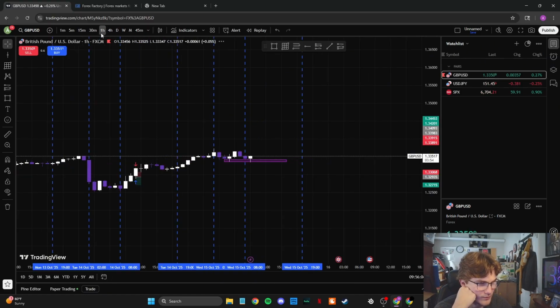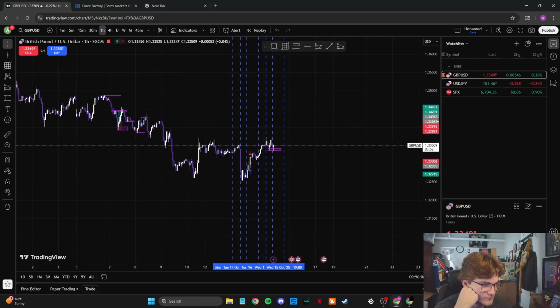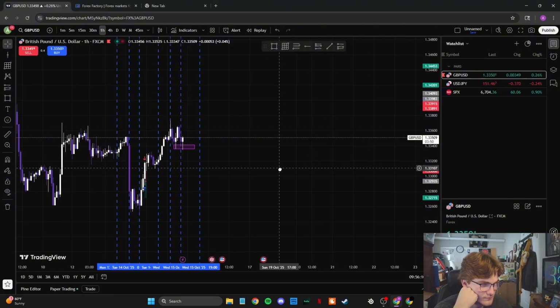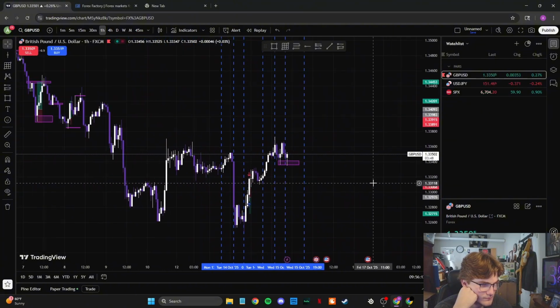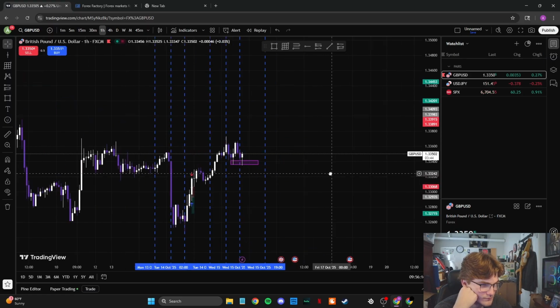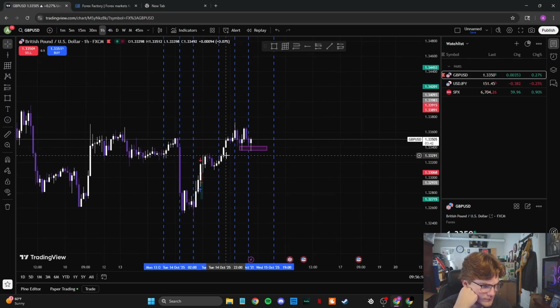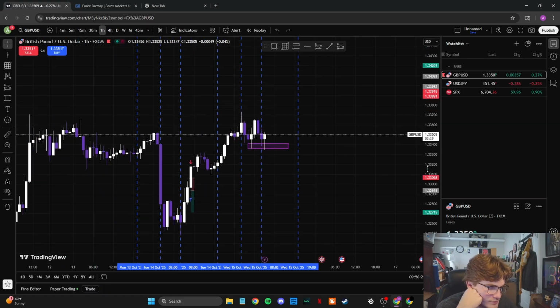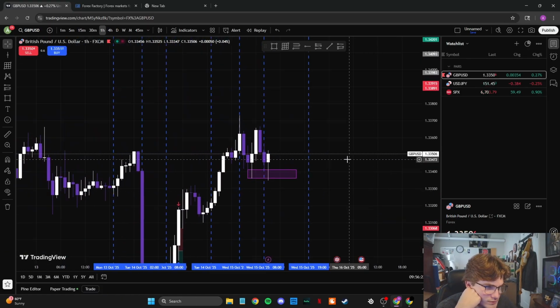Daily's bearish. 1 hour is any break of structure. That one closed.